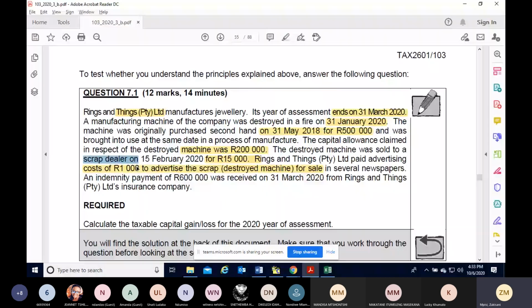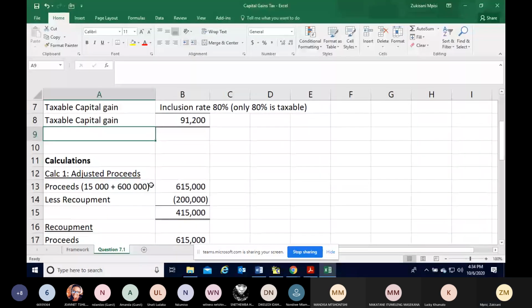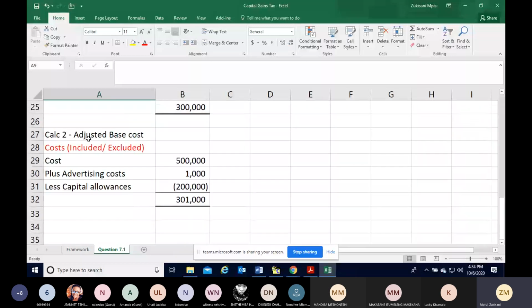Now, in dealing with assets that are disposed of but were acquired before the 1st of October 2001, there is a framework in calculating the base cost, a formula that you have got to apply. Remember, everything will be the same for your proceeds. The only difference is going to be when you are doing calculation 2.